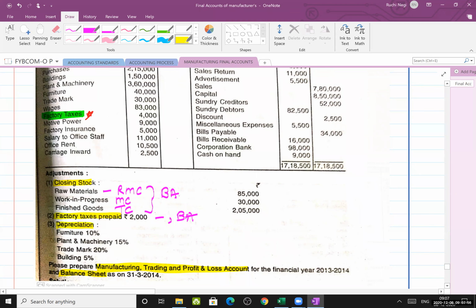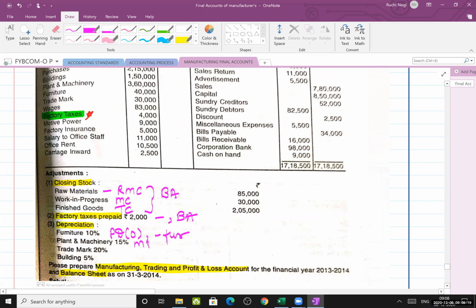Now next is depreciation. Now in depreciation, first we have the depreciation of furniture. The furniture is obviously an asset related to office. So P&L account debit side under the heading office. Second effect, less from furniture. Plant and machinery, it's an asset related to factory.